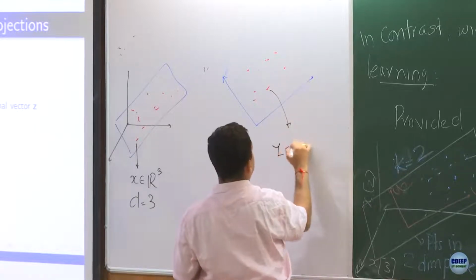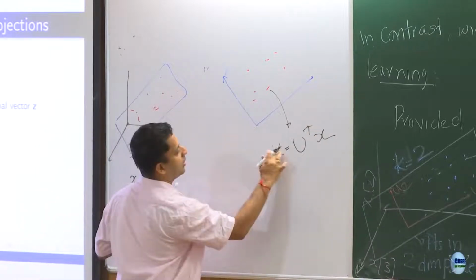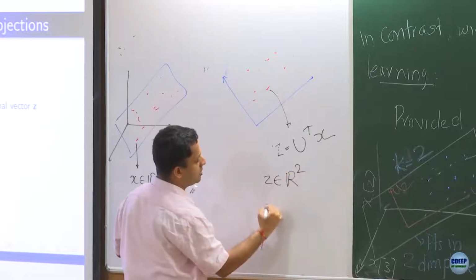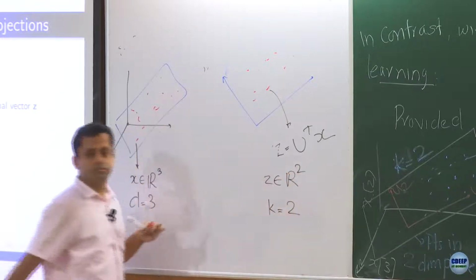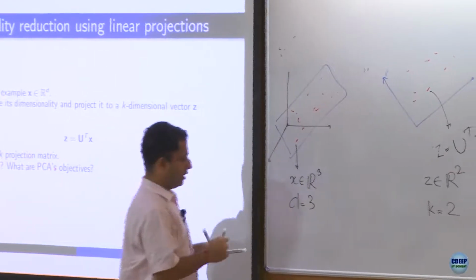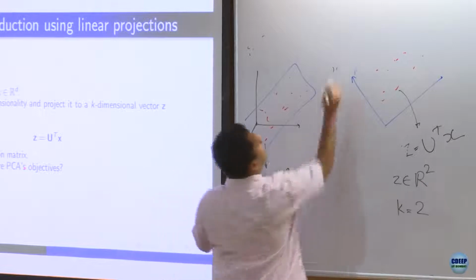And these were z equals u transpose x. Z was in R2, here k equals 2. Right, and this is the process of transformation.